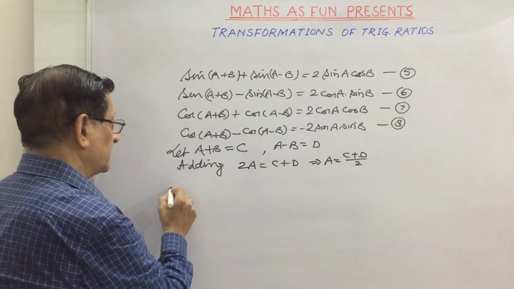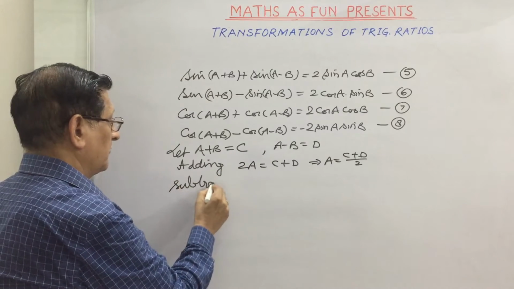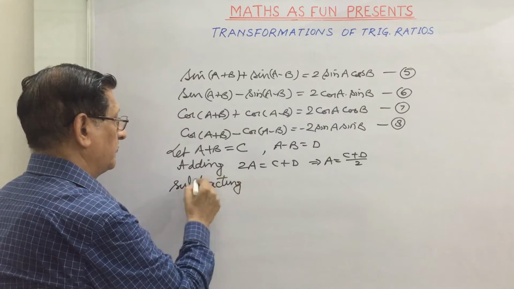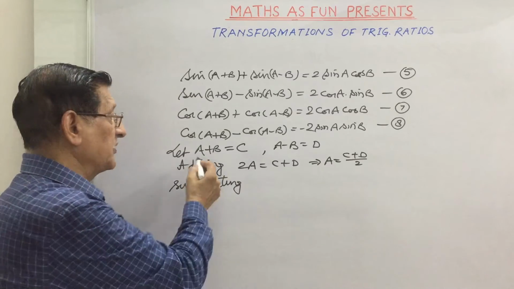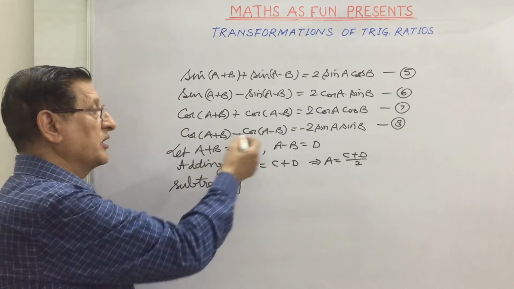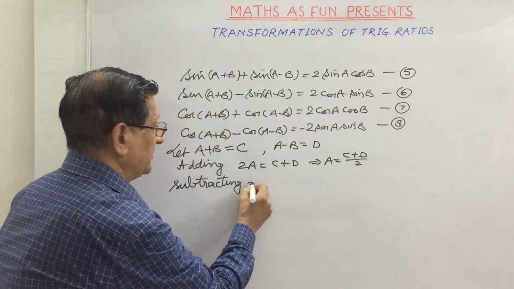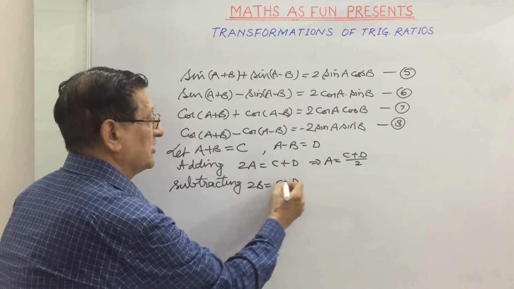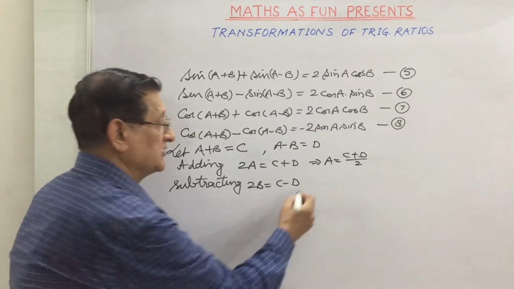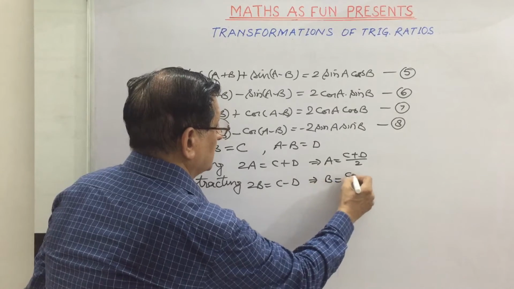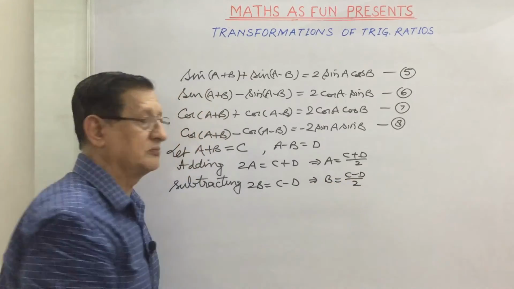If we subtract them, A plus B minus A minus B, A and A will cancel and this will be 2B equal to C minus D. It means B will be equal to C minus D by 2.